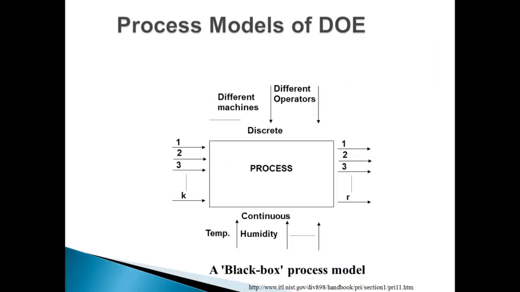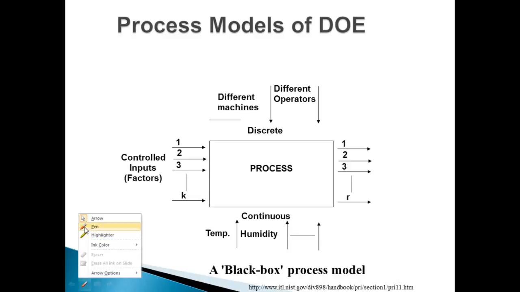In all experiments, generally, we want to find a relationship between the input variable and the output variable in order to be able to understand the process which we are seeking to understand.